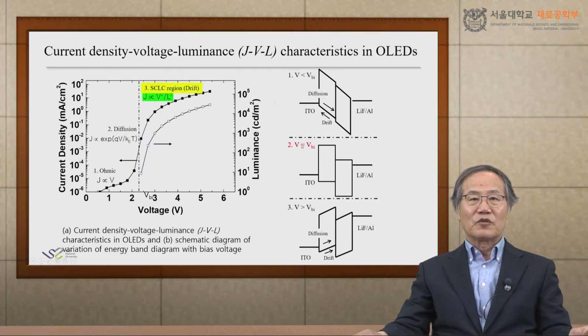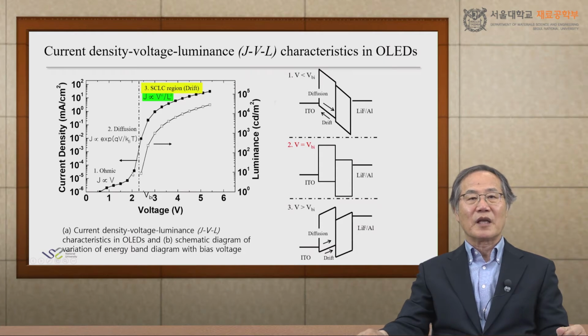The current-voltage-luminance characteristic is the most basic characteristic of the diode. This shows a typical JV and the light emission luminescence characteristics of an OLED. Under the bias voltage, below the built-in potential, the current level is very small. Only diffusion current exists, and the drift current increases a little bit with the voltage.